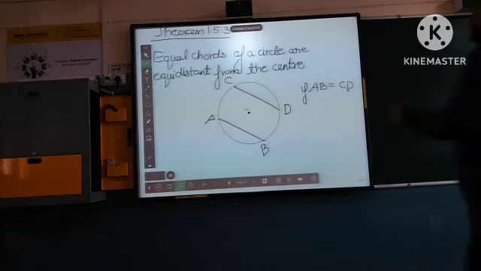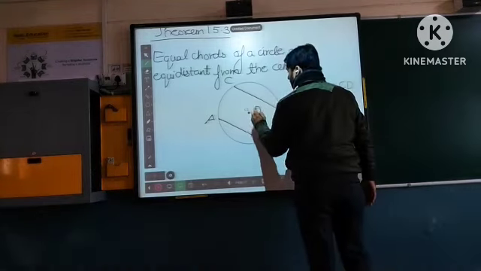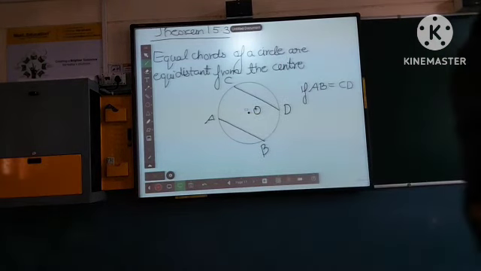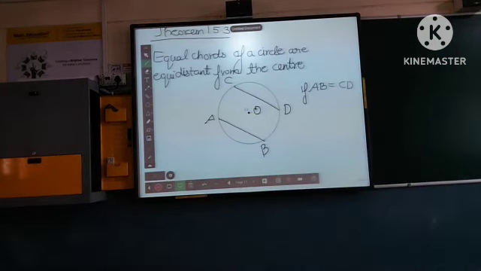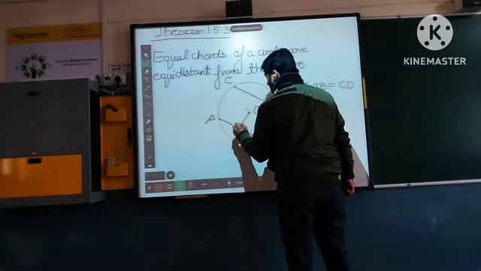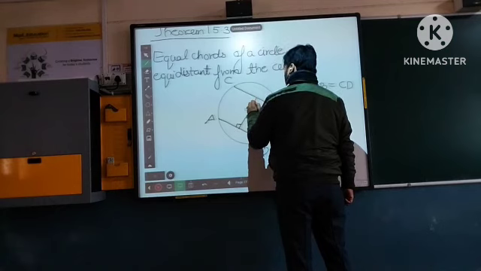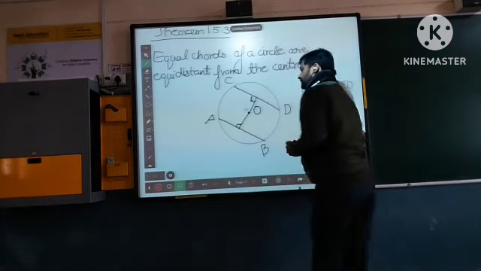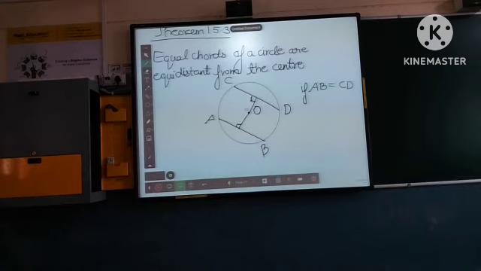Then what will happen? We'll draw some lines from the center. Center is O. In this theorem proving, we have to draw the construction. So the construction is: we draw OM perpendicular to AB and ON perpendicular to CD.